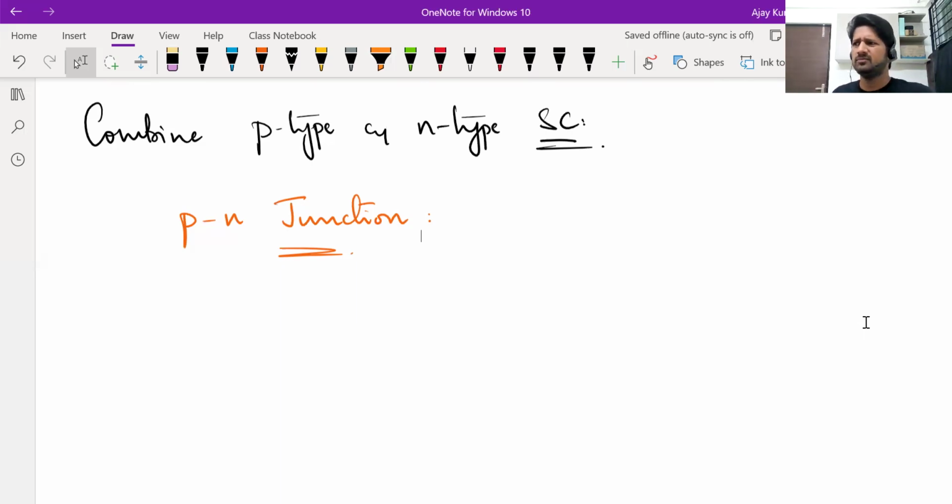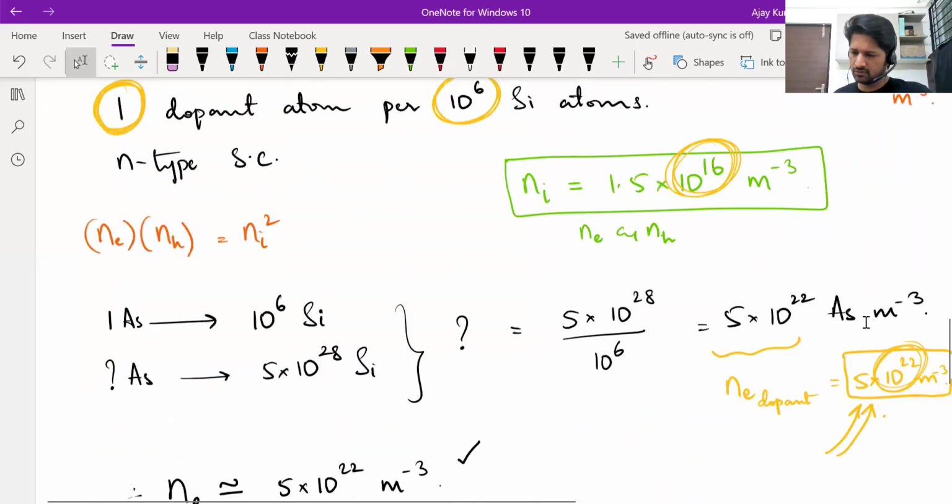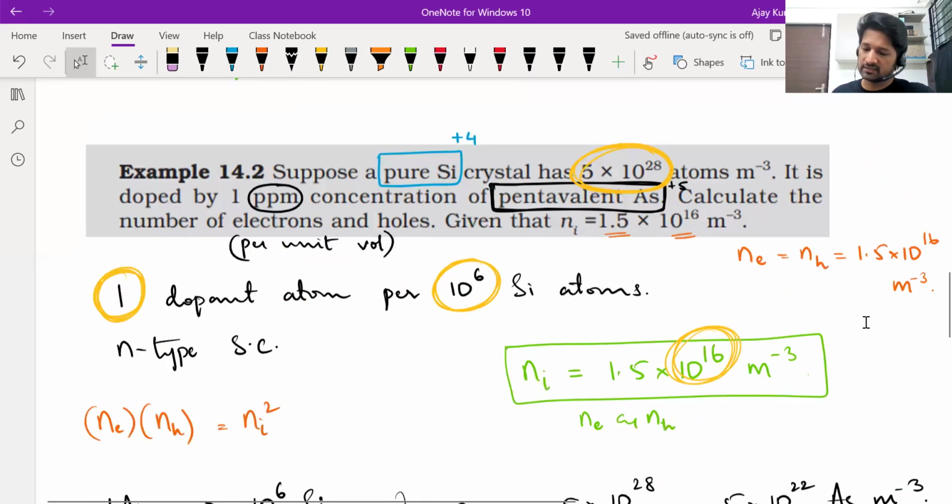How do you make something which consists of both P-type and N-type? Suppose there is intrinsic silicon. First, you add pentavalent impurity. It becomes N-type. What does that mean? Some of the silicon atoms will be replaced by phosphorus or arsenic. But still there are a lot of other silicon atoms. Like in the question that was given to you here, the concentration of arsenic was 1 ppm, means for every 1 million silicon atoms, there is one arsenic atom.